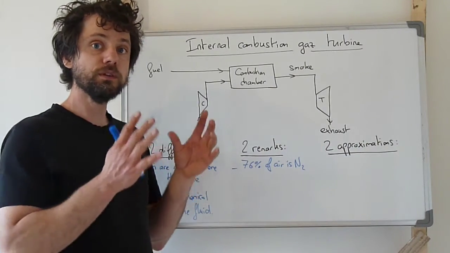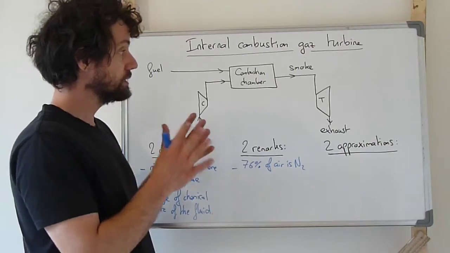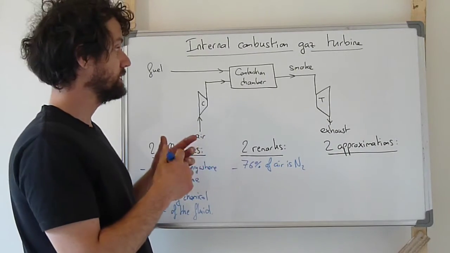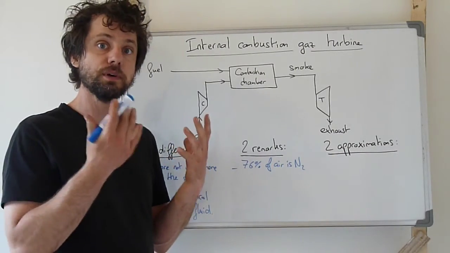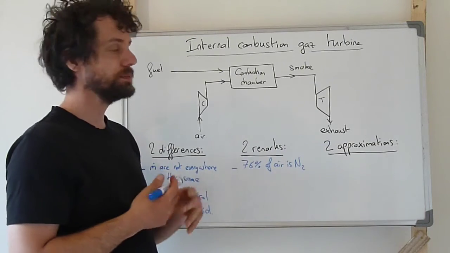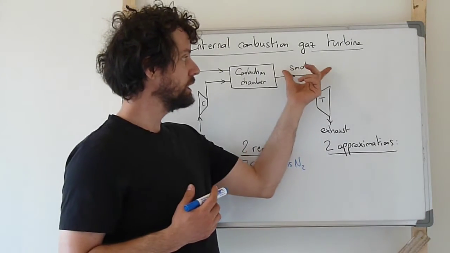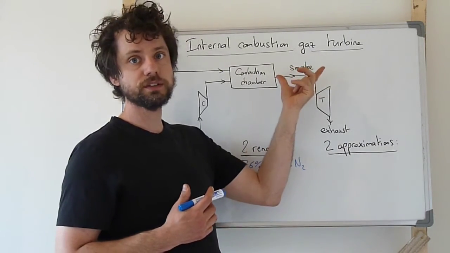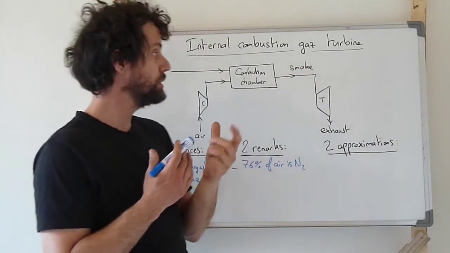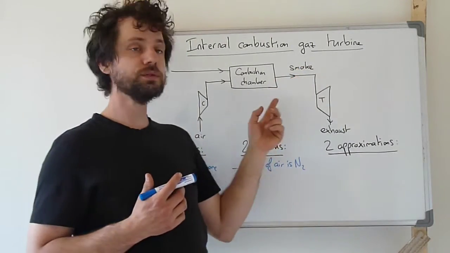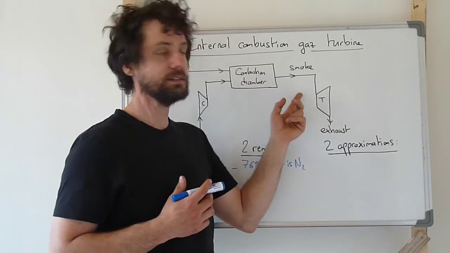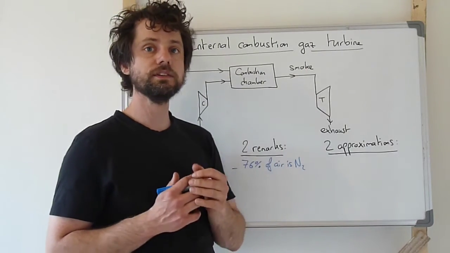The problem if the combustion is done at stoichiometry is that there's a considerable amount of heat that is released by combustion, and it will heat up the smoke too much, and the smoke temperature will be way too high compared to what is possible to admit at the inlet of the turbine.